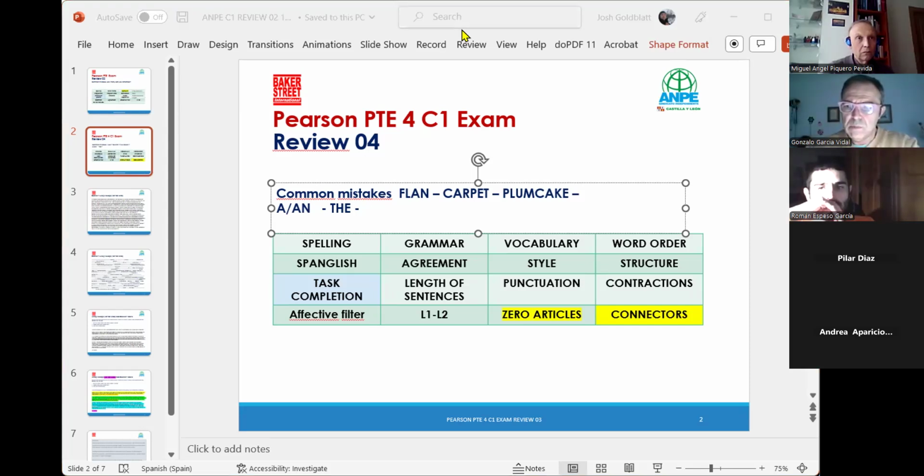What are some of the abstract things where we don't need an article? We have the zero article for not only abstract names, but matter, substances. For instance, gold is very expensive.